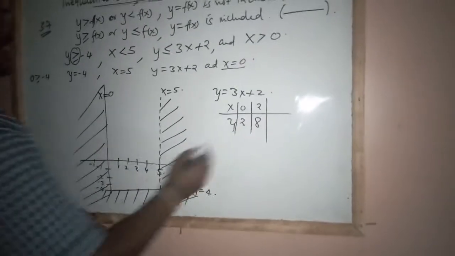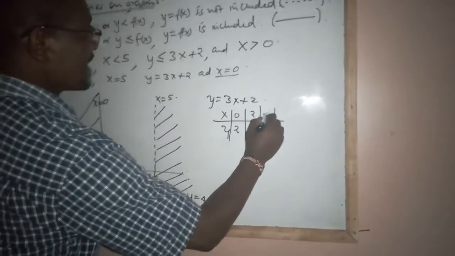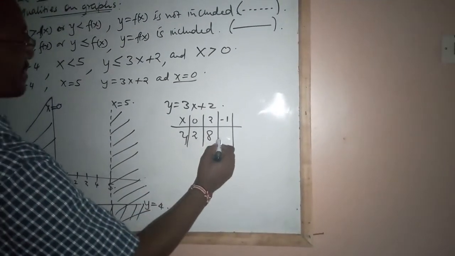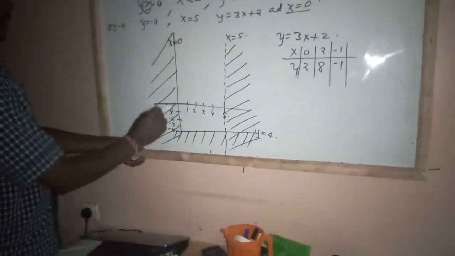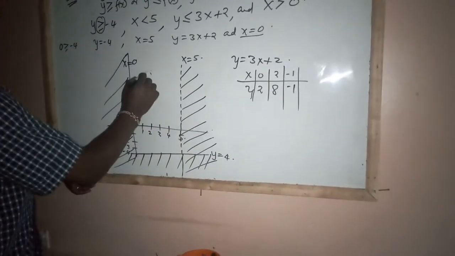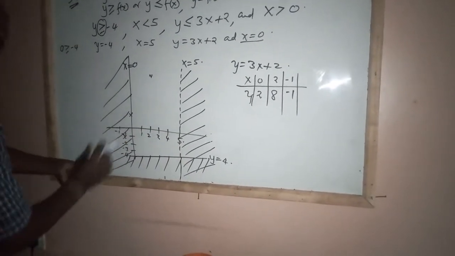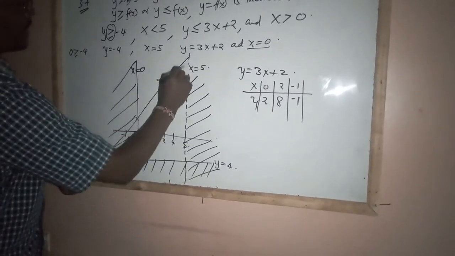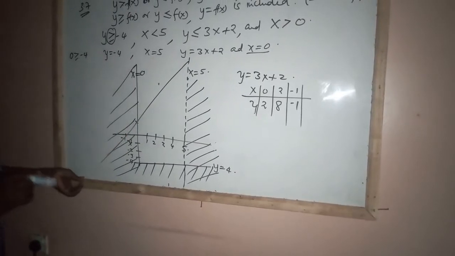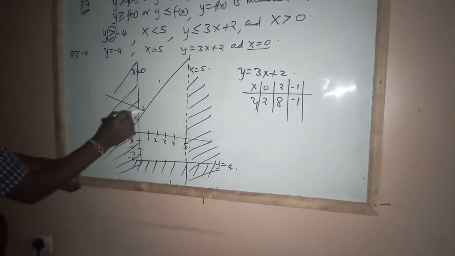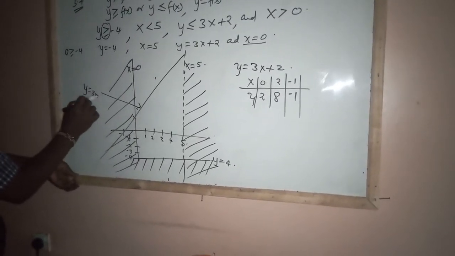When x is -1, we are talking about -3 plus 2, which is -1. So we are going to have a straight line that is going to be that way. We are supposed to do this on a graph paper, but this is the line. We can give this line a name of y is equal to 3x plus 2.